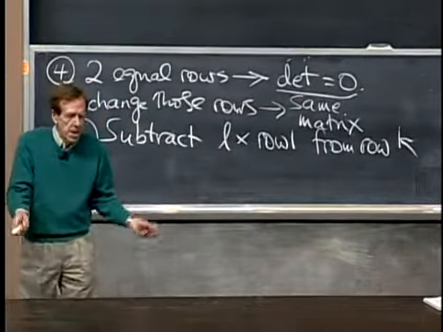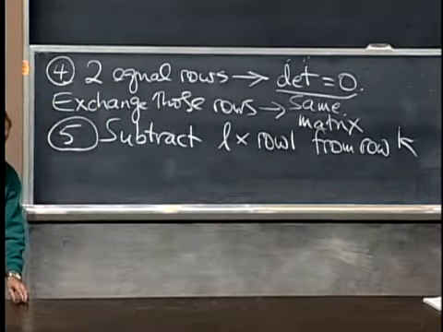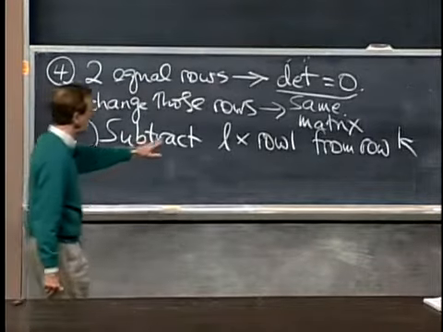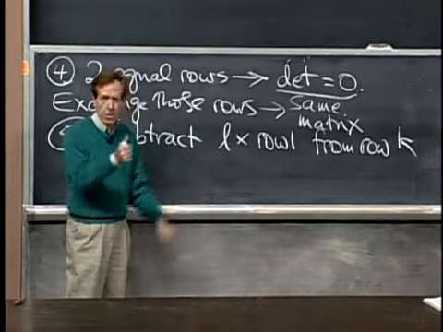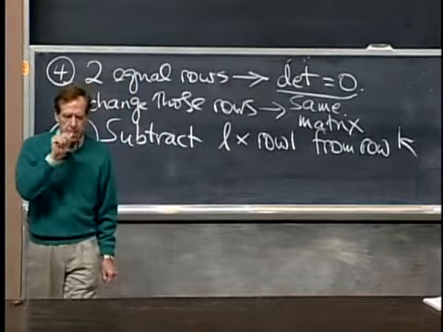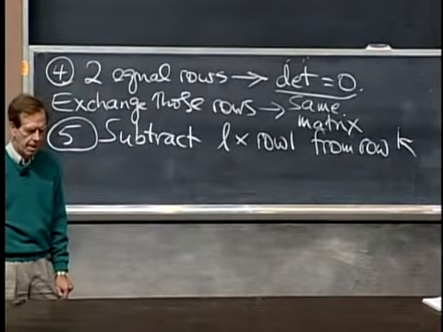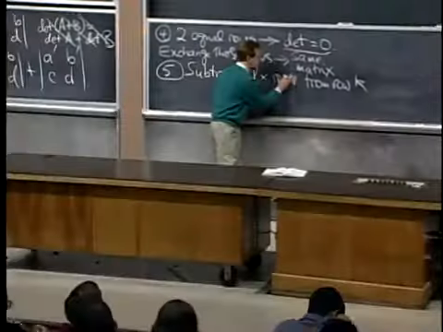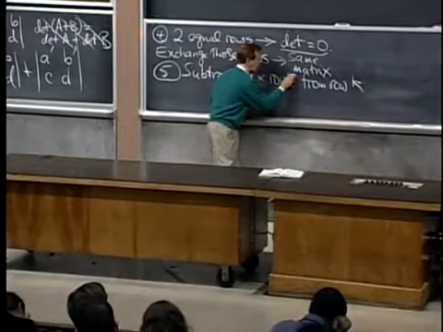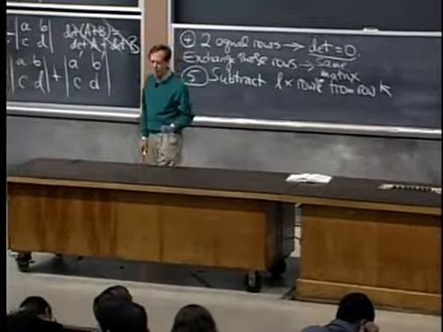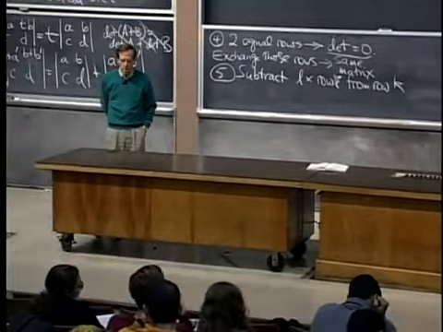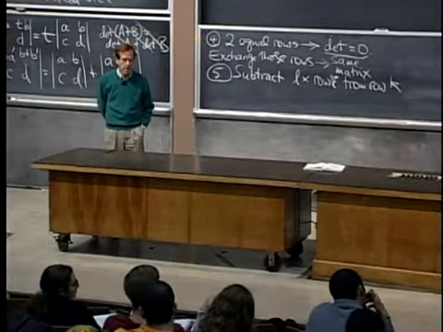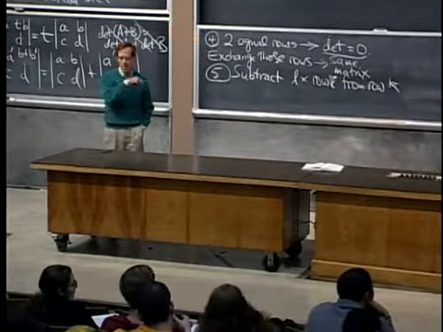You remember why I did that. In elimination, I'm always choosing this multiplier so as to produce 0 in that position. Or row I from row K. Maybe I should just make very clear that there's nothing special about row 1 here. Okay, so that, you can see why I want that one.